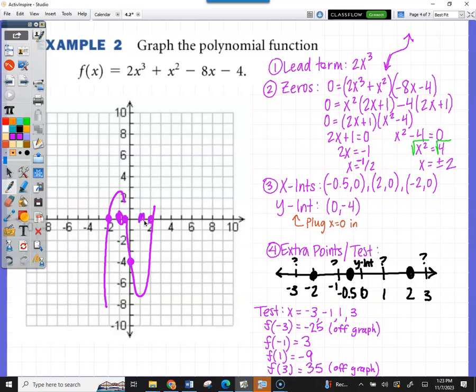I haven't plotted them. -1, 3. 1, -9. But now you can see the purpose behind getting those points, because I didn't know what it was doing right there. So now I can graph my S curve.